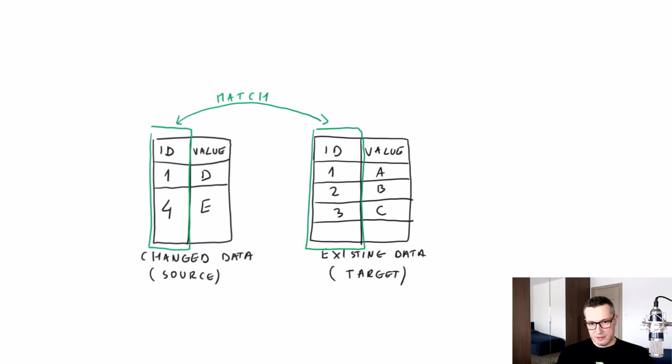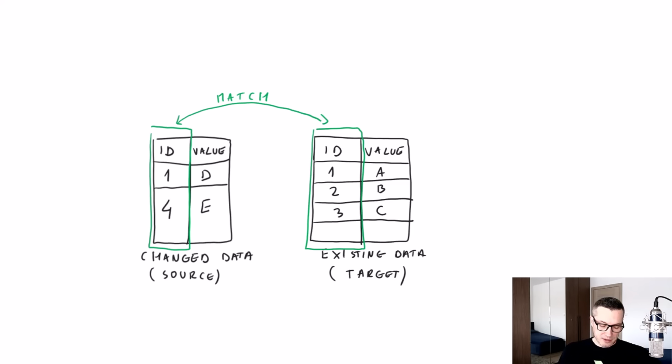And then we have to decide, all right, if we have a match between source and target, what do we want to do with it? In our case, let's say we want to update our target table. If there is a new row in the source table with the ID that already exists in our target table, we want to update the target table with values from the source, right?